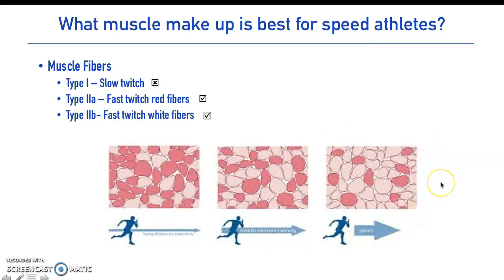Okay, these guys will have a high amount of your fast twitch white fibers. Okay, and they'll also have our fast twitch red fibers and definitely some slow twitch fibers as well. But the muscle makeup that they'll have will be predominantly our fast twitch white fibers.